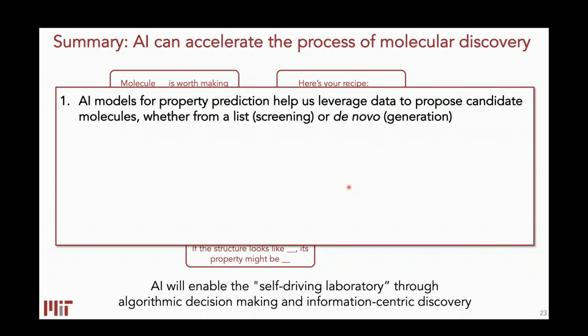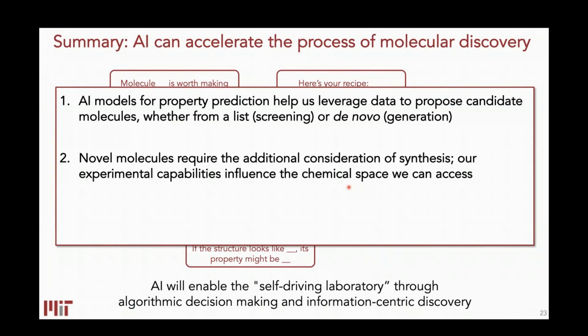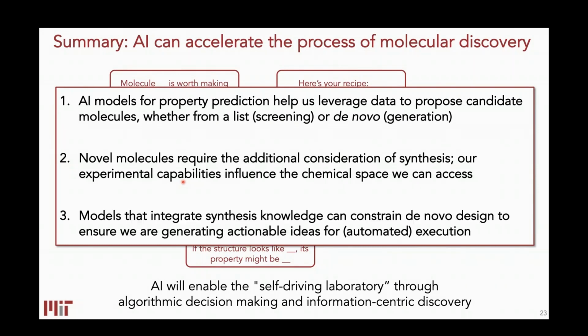And so, really just a couple of final takeaways here. AI models for property prediction are a cornerstone of computer-aided molecular design. It's useful in both contexts, both ways of finding molecules. When we're trying to design new structures, we have to be a little bit more careful about what we can actually synthesize and what we can make in the lab.